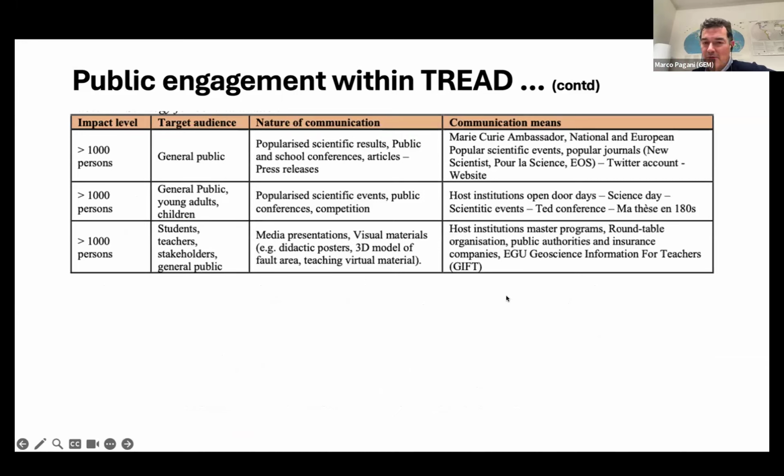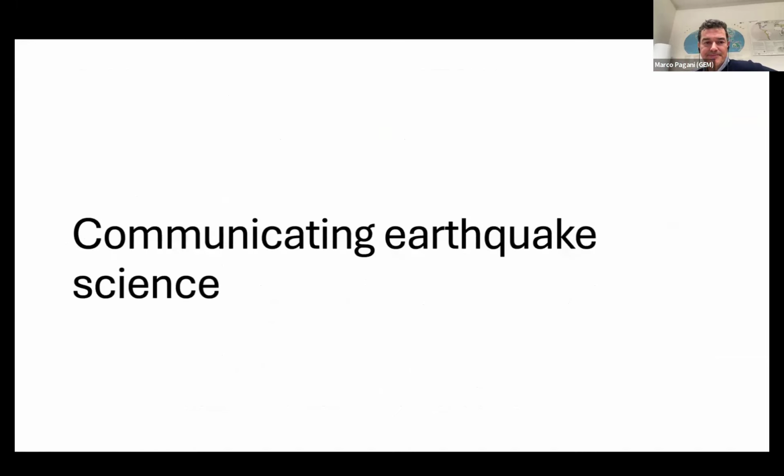And there are a number of initiatives that ideally we'll need to coordinate with Maria. And that concludes the initial part, which was very much focused on the proposal and what we are supposed to do regarding communication, dissemination, and exploitation. The second part instead is about communicating earthquake science.